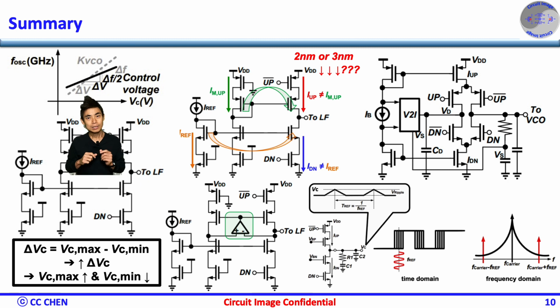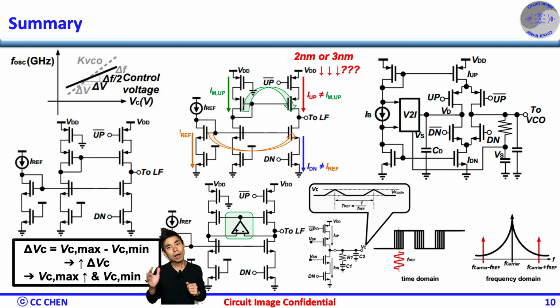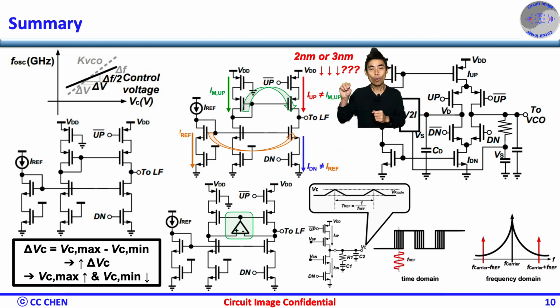For example, this VCO's wide tuning voltage can increase the tuning frequency range while keeping a low phase noise with a low KVCO gain. However, that means the charge pump may not have enough headroom, especially in the most advanced technology, like 3 or 2 nanometer.